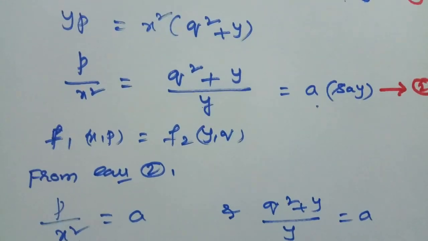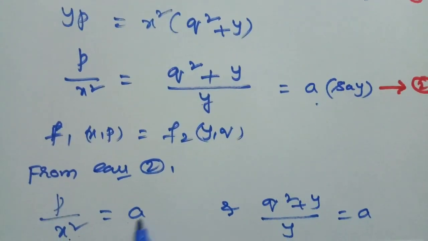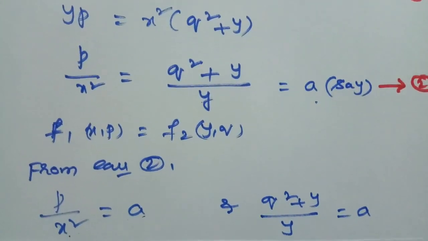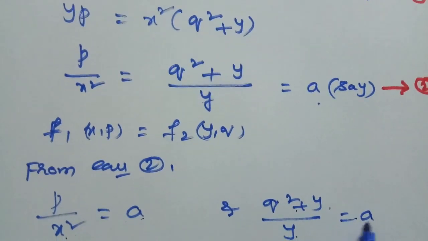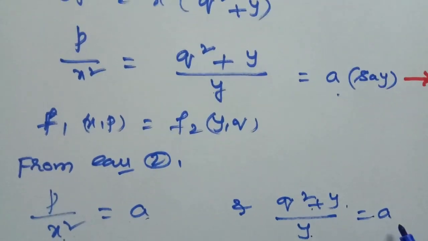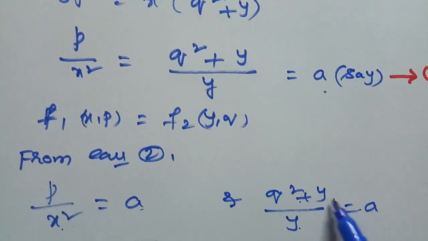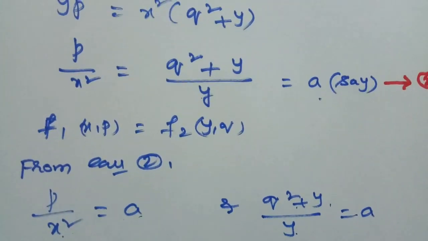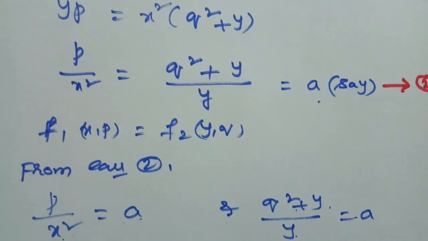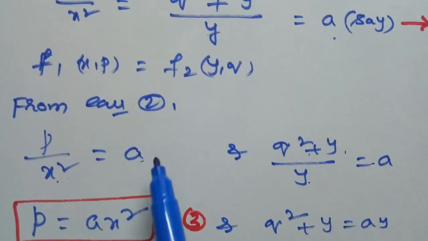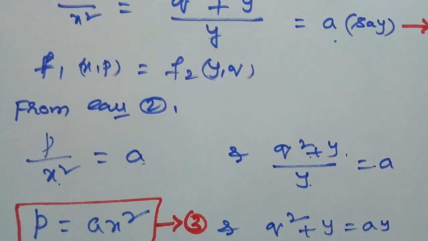Therefore, by cross multiplication, p is equal to a into x square. Here, by cross multiplication, q square plus y is equal to ay, and on the right hand side y is a common factor, so this can be written as a minus 1 into y. P is equal to ax square, equation number 3.